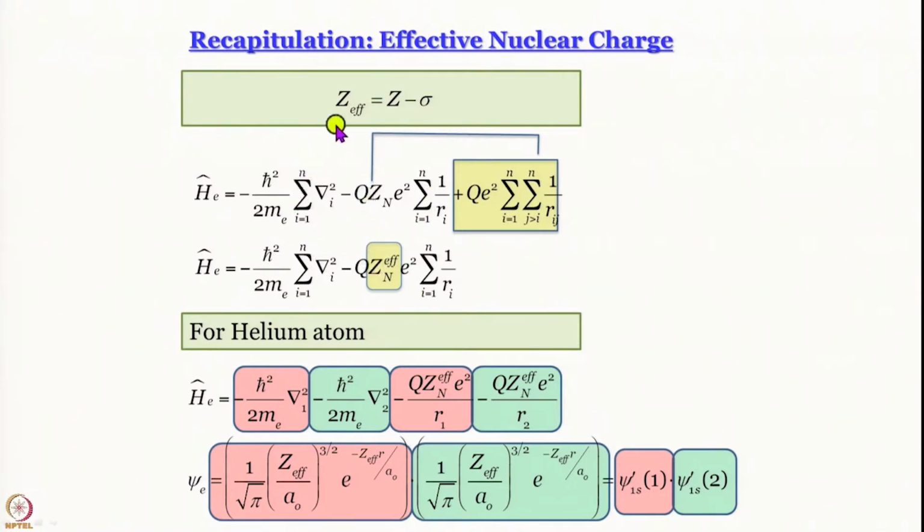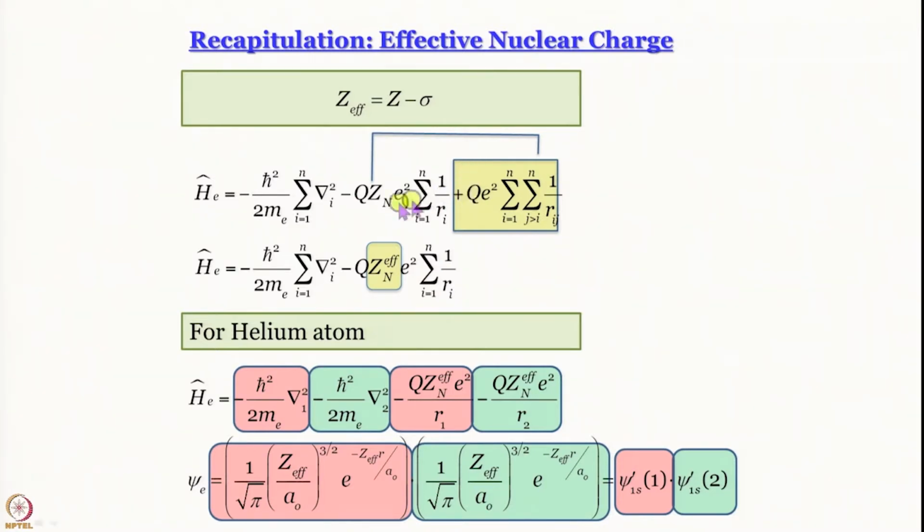Let us talk about something called effective nuclear charge, which is the actual nuclear charge minus a shielding constant, because the effect of electrons repelling each other, you can think, is like one electron shielding the other one from the attractive potential of the nucleus.